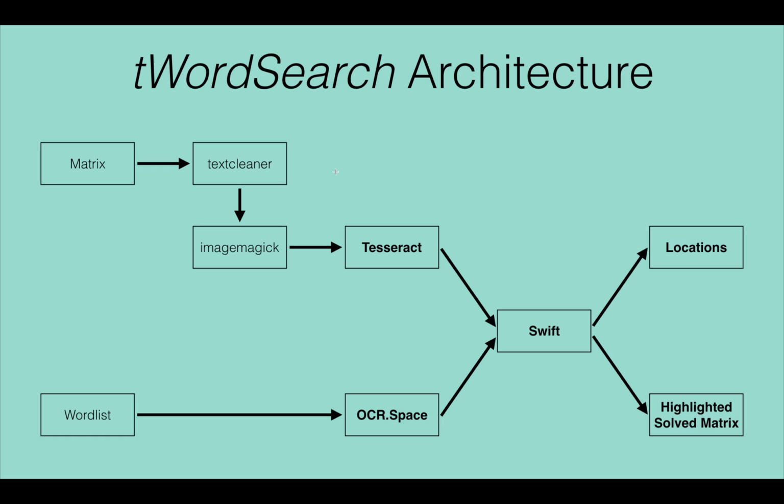And basically what's going to happen is, once Swift runs its algorithms, it is then going to output the locations of the words inside of the word search, as well as an actual solved word search matrix with all the solved words highlighted. Alright, so that's how our system's going to work.